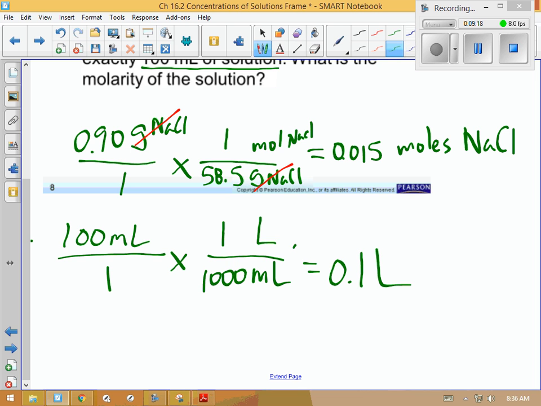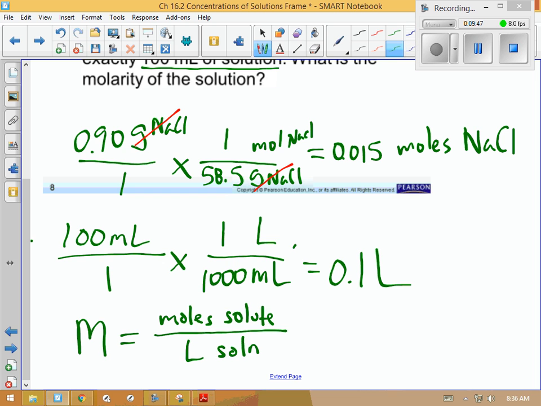Did you guys do that? A tenth of a liter? Is that right? Do we have what we need to calculate molarity now? We have moles and we have liters of solution. Shall we? Molarity equals moles of solute over liters of solution.